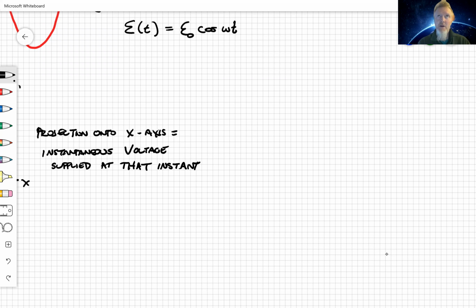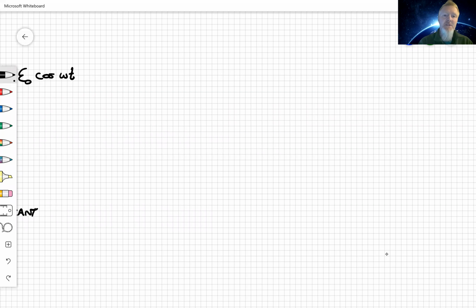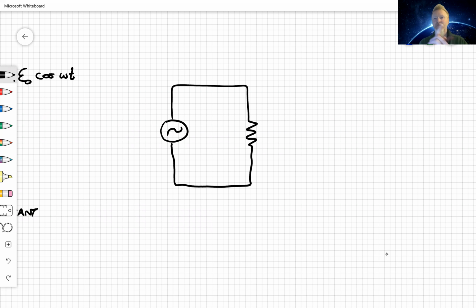So I have only an AC power source and a resistor. Here's my AC power source, and here's my resistor. That's going to take the place of my cell battery, right? This is now the power source, and I'm going to call that E, which is a function of t. So it's supplying AC current to this thing.